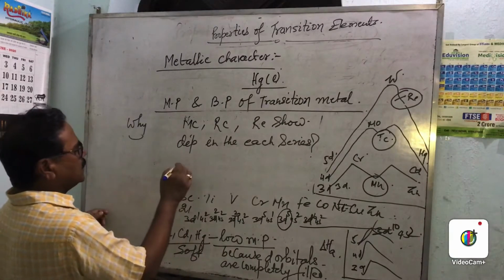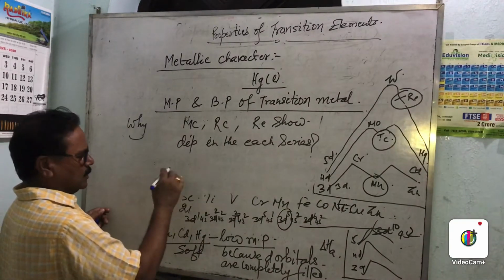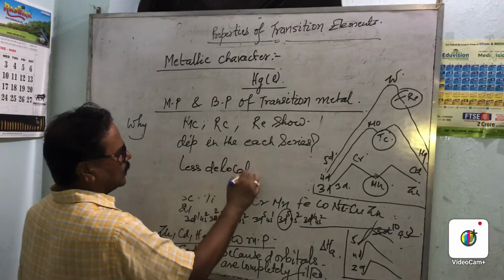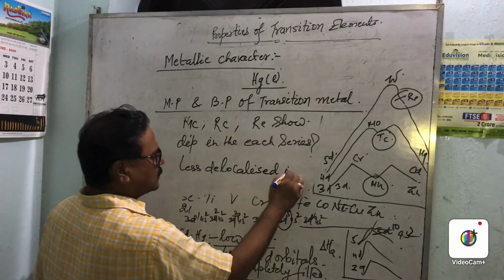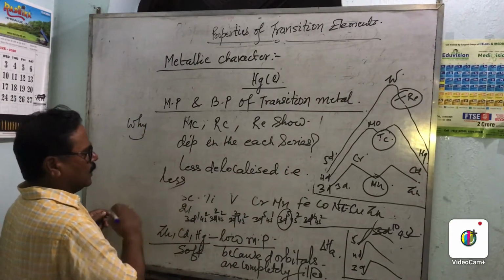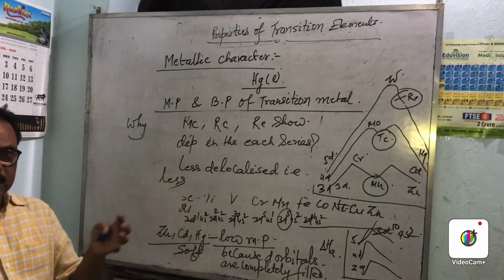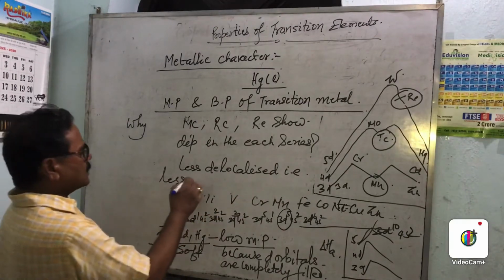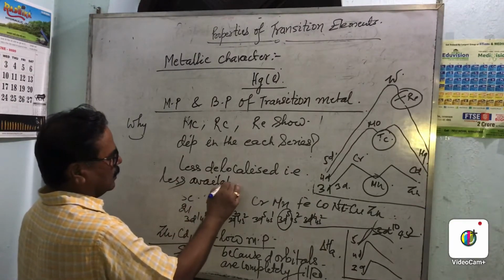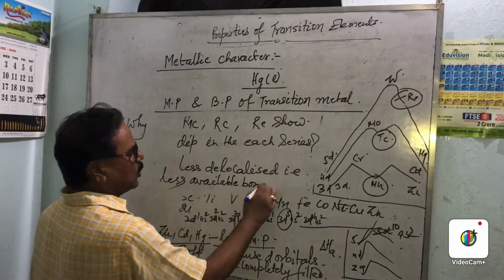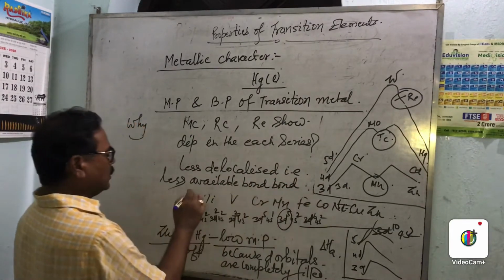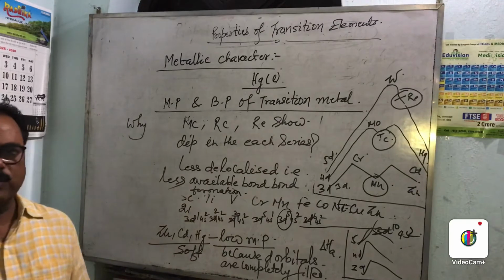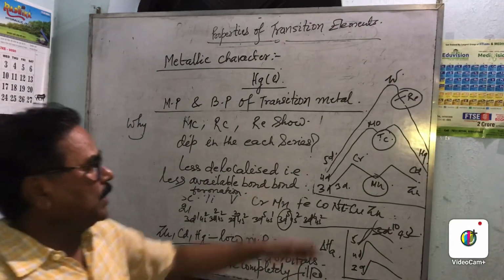They are less delocalized, means not available, because they are tightly held with the nucleus, so they are less delocalized, that is less available for bond formation. That's why this will have the abnormally low melting point in each series.